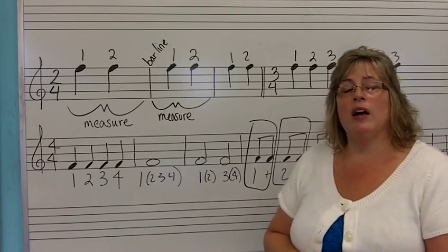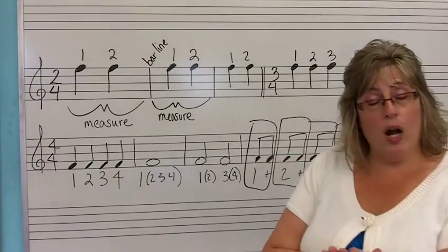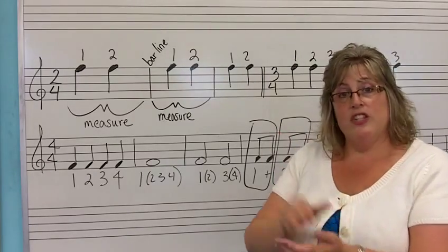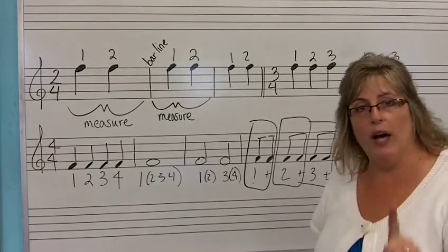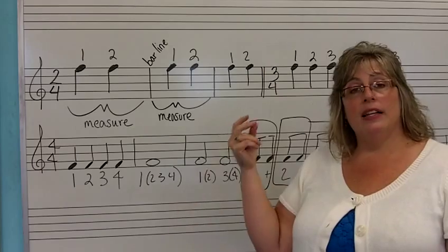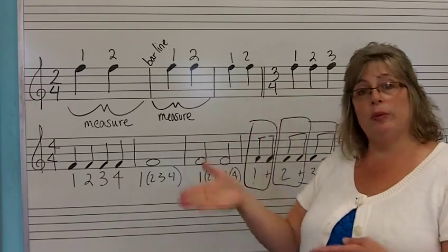So instead of going 1, 2, 3, 4, you have 1 and 2 and 3 and 4 and. So you still count every single one, but it takes 2 to equal 1 beat. So if this is my beat, la la la la la la la la. So 2 are in the place of 1.